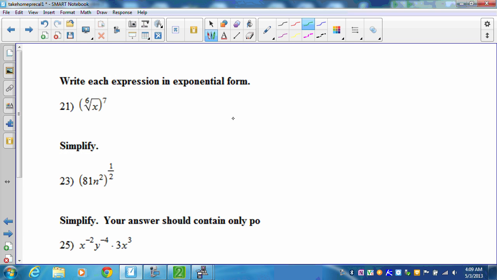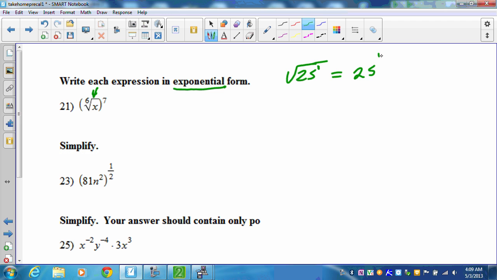Problem 21, they just want you to write it in exponential form. So exponential form means that you don't want any radicals. So recall that if you have the square root of 25, you could always rewrite it in exponential form. If there's not a power up there, it's understood to be 25 to the first power.